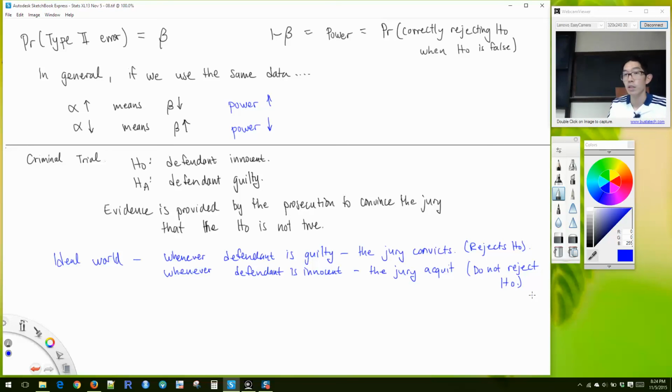But in any situation where you don't have all the information available, you are bound to make mistakes. So what is a type 1 error and what is a type 2 error?